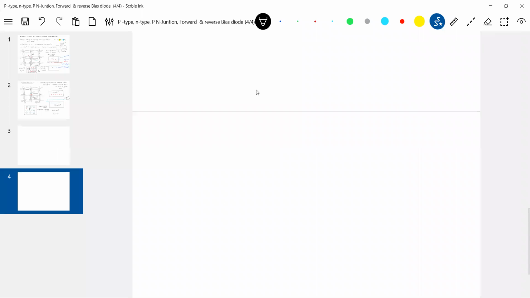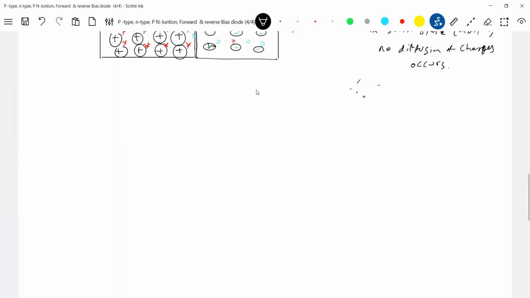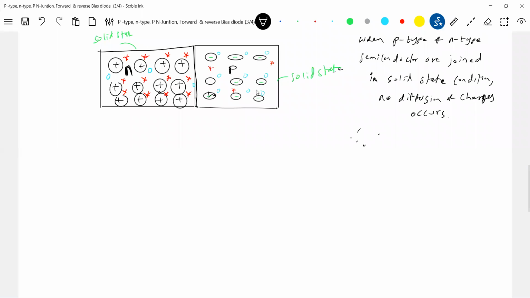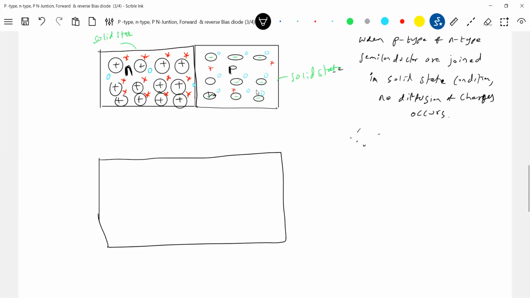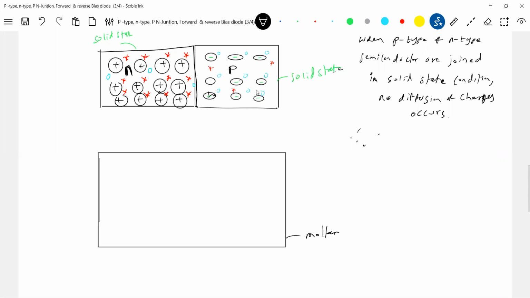Let me take a pure intrinsic semiconductor. What is the state of it? Molten.